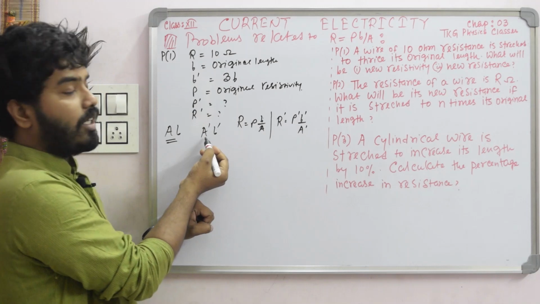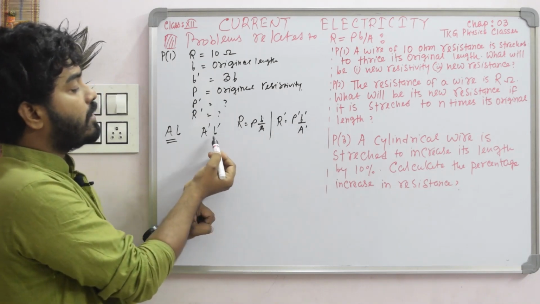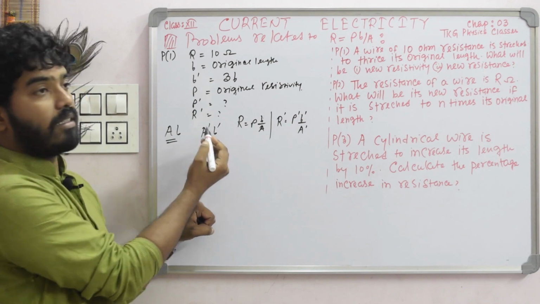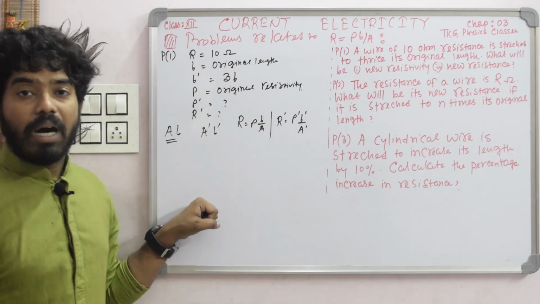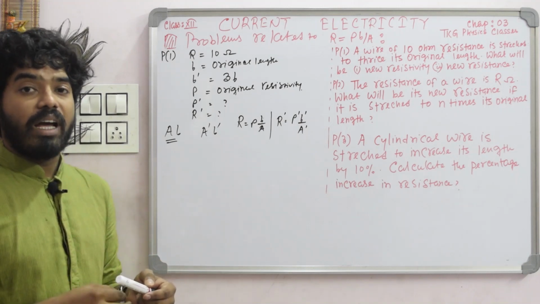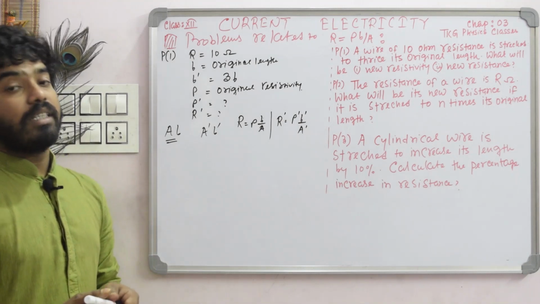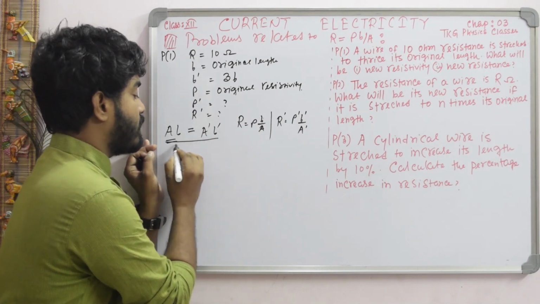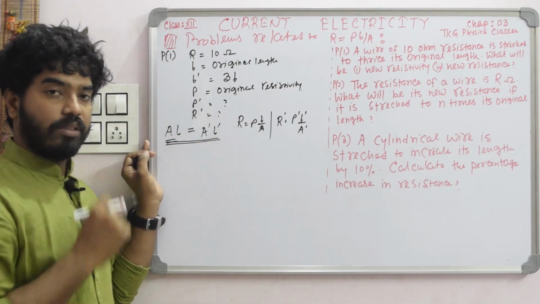A dash represents the new area and L dash the new length. The product of A dash and L dash is the new volume, but the volume of the wire remains constant in both cases. That means AL is equal to A dash L dash. This is the basic concept.